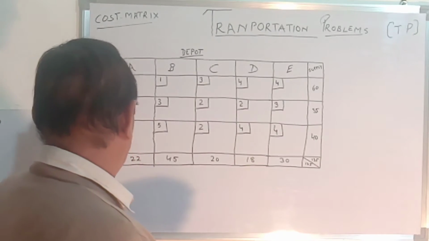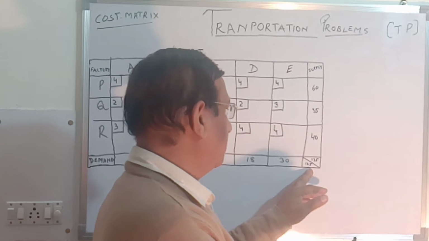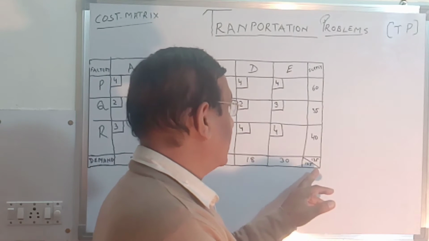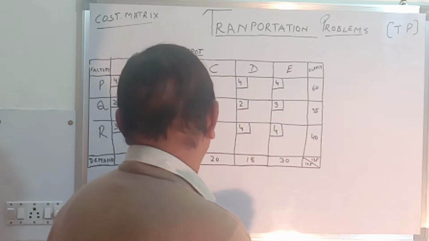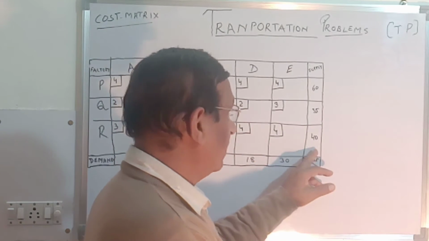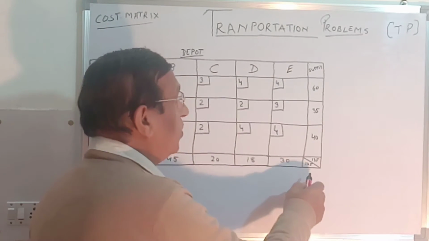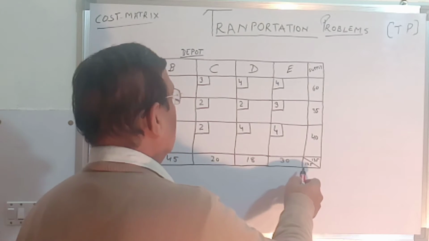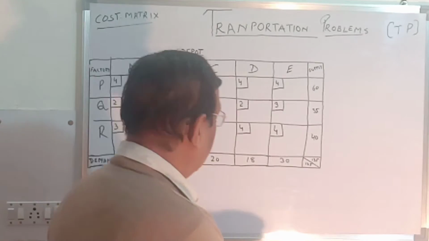For example, if demand is more, here 145, 40 units, 150 units, and supply is less, then we have to create a dummy supply, with 0, 0 elements. And if the supply is more, say 160, and demand is 135, then you have to create a dummy demand.